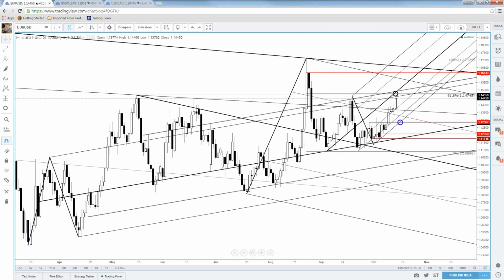And just to review, 1465.75 is the high from May, okay, along with the 61.8 of the move down from the August 24 high. All right, so euro is getting up into this level.